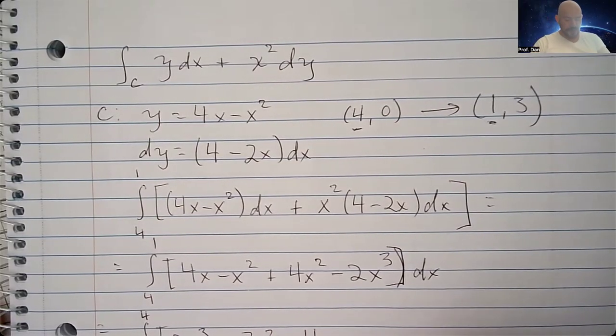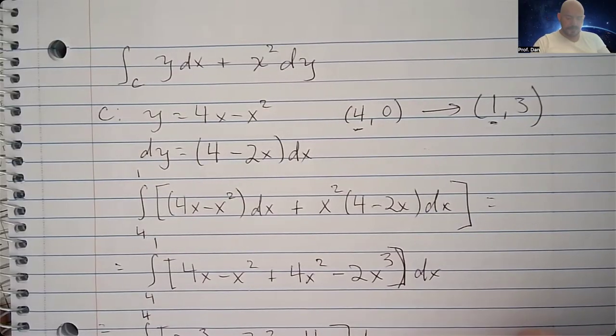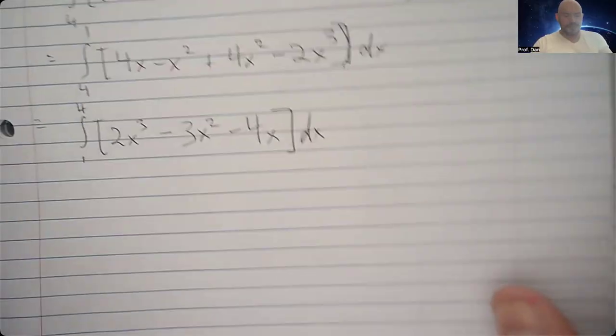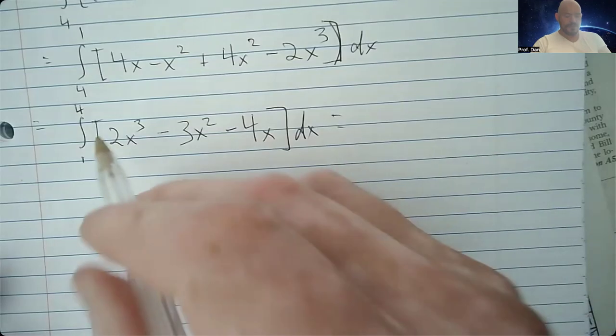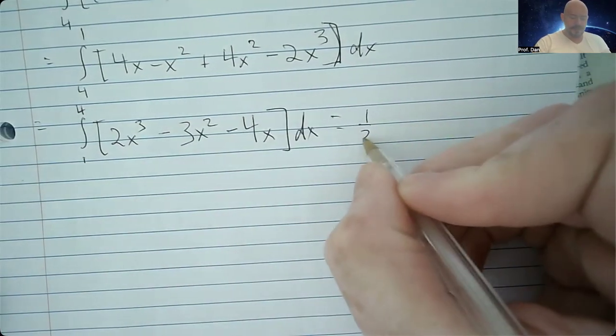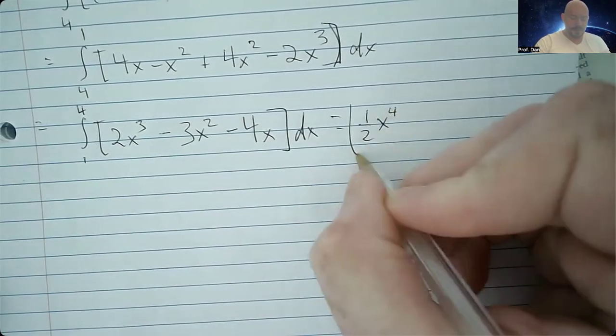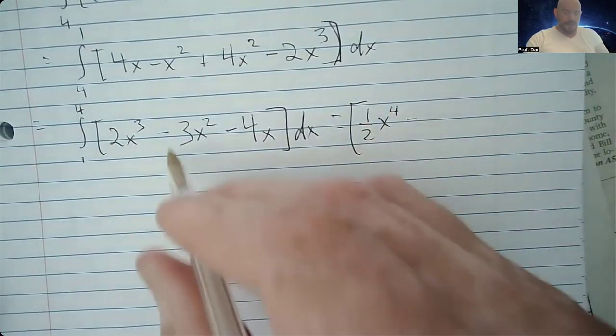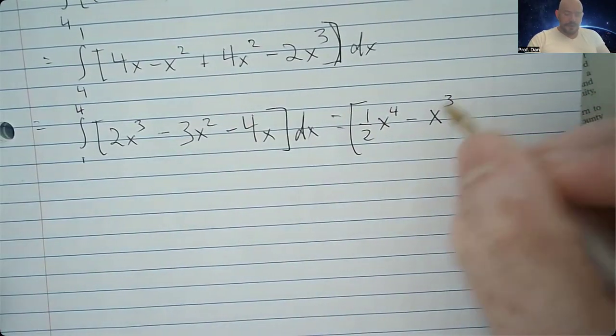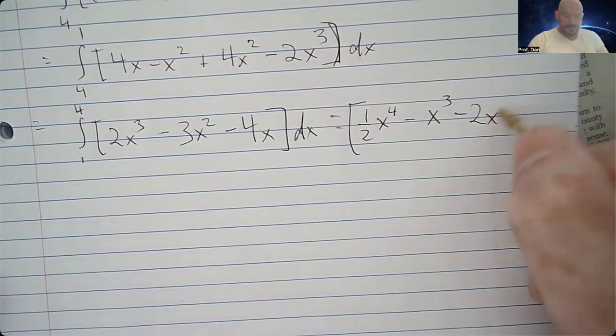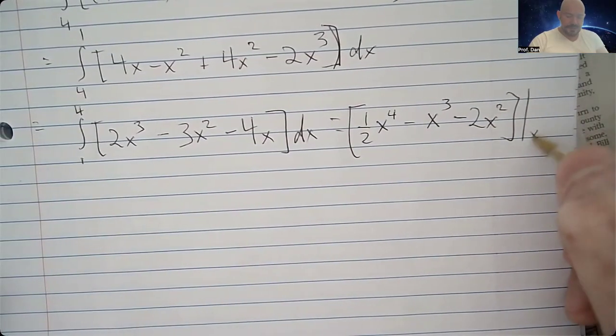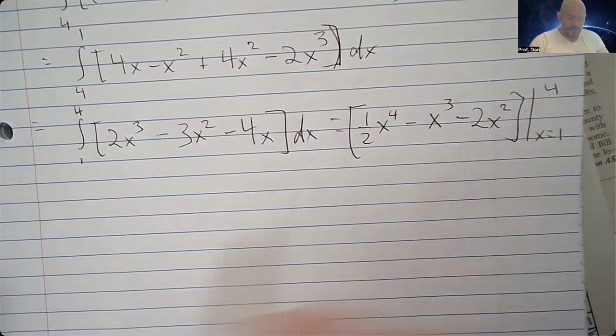Now we can write minus 4x. And from there, it's a simple integral. So add 1 to the power, divide by the new power, we get 1/2 x to the 4 minus x to the third minus 2x squared, and we're going to evaluate from x equals 1 to x equals 4.